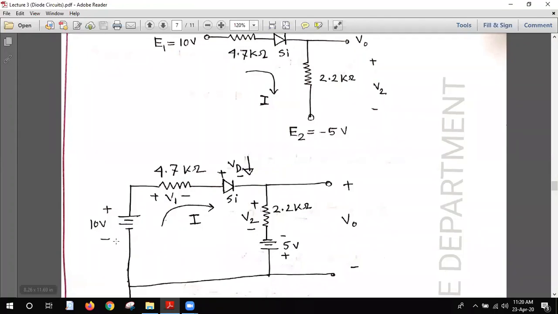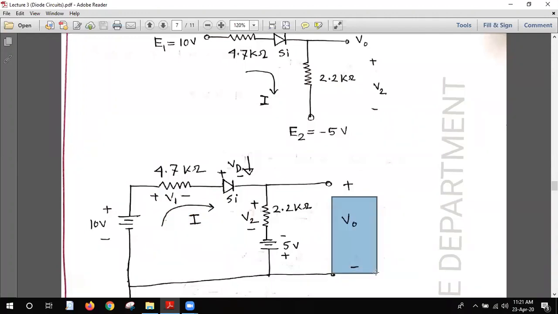So we need to find out V1, the voltage across the first resistance, and V2, the voltage across the second resistance. We also need to find out the current I, and finally the output voltage VO.